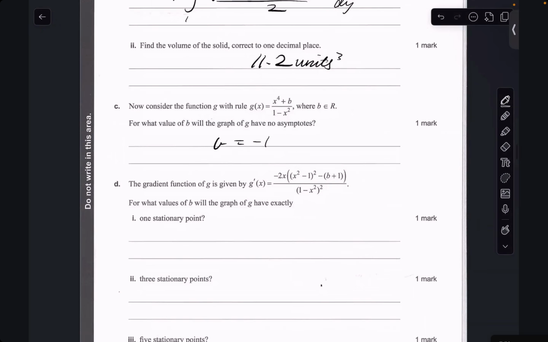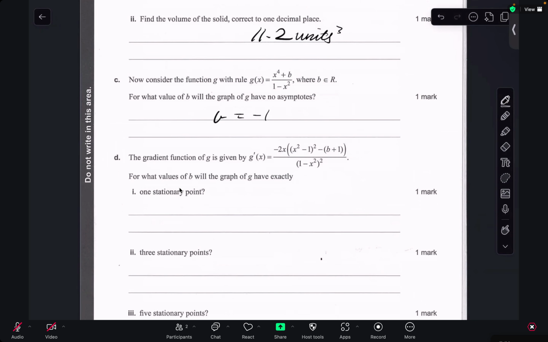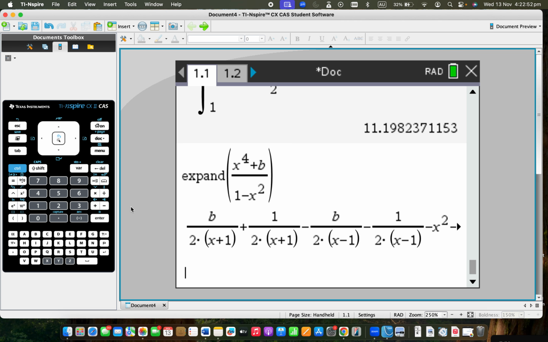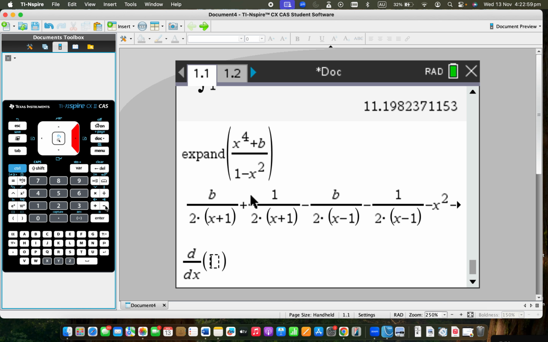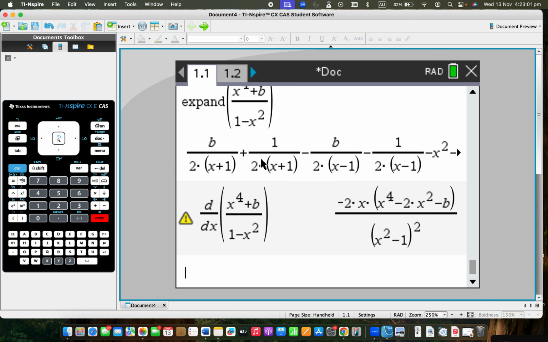The gradient of the function is given by that. For what values of b will the graph have exactly one stationary point? Okay, so one stationary point, we can solve the derivative is equal to 0. Wait, let's just... Yeah, that's what they've given us.